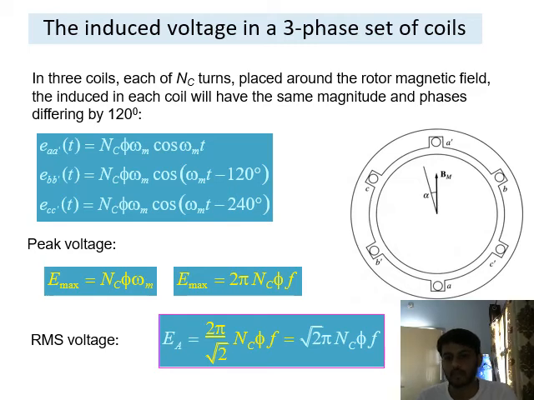Our main task is to supply DC current to the rotor, and then we saw the equation for frequency, the equation for speed, and the equation for the induced voltage in a three-phase set of coils.